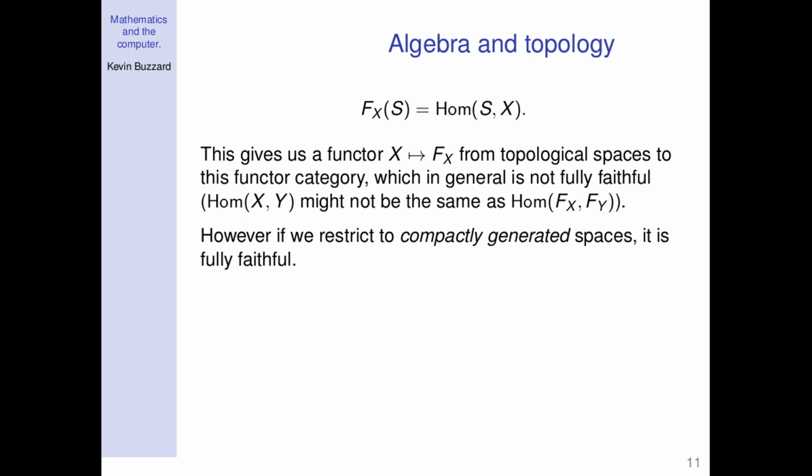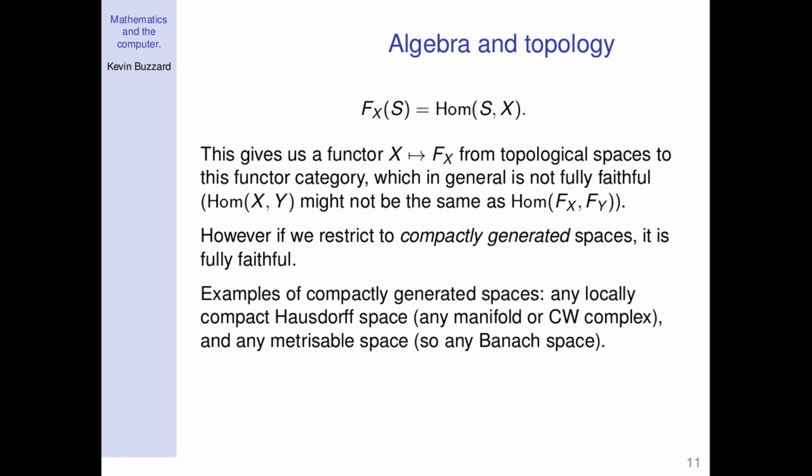I won't tell you what compactly generated is either, but let me just give you some examples of compactly generated spaces. Anything that's finite dimensional, anything that's locally compact Hausdorff, any manifold or any CW complex. And I think any first countable space is compactly generated. In particular, any metrizable space is compactly generated, so any Banach space as well.